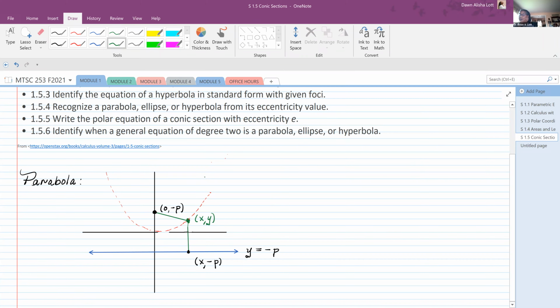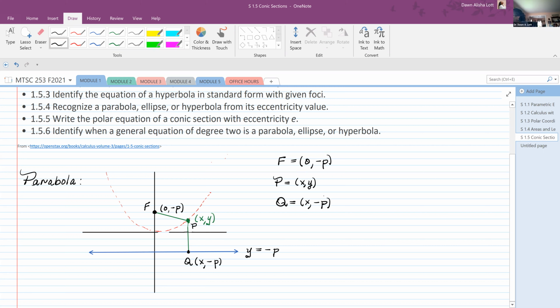We're going to call this point the focus, F. My point P is (X, Y), and I'm going to call this Q. So my focus is the point (0, P). The point P, capital P, happens to be (X, Y). And then Q happens to be (X, negative p).